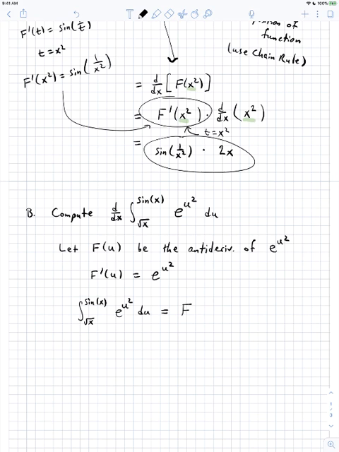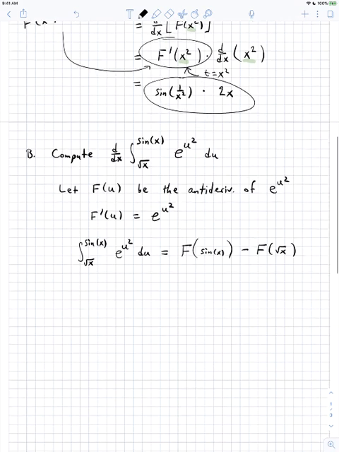So it's going to be F at the upper limit, sine of x, minus F at the lower limit, which is the square root of x. So again, we're using the evaluation theorem here.